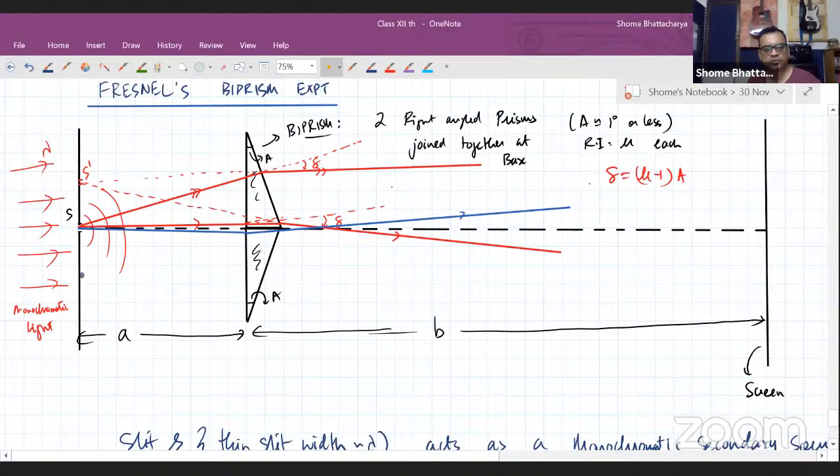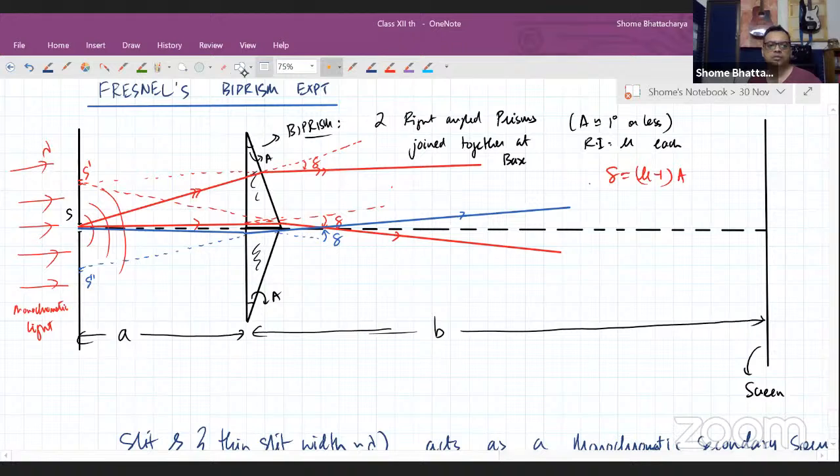So this will appear to be coming from somewhere here. And you can see that this is, let's say, S double prime. So here the deviation is like this, same delta.